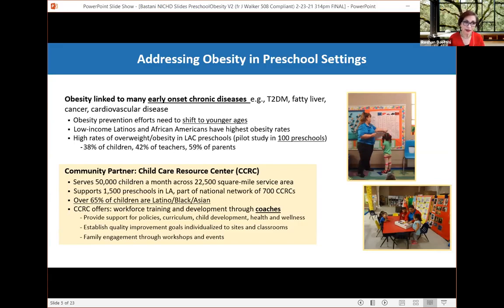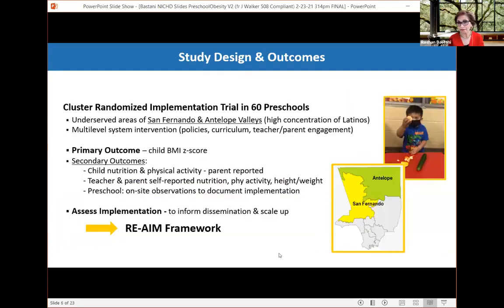And so our study utilizes this existing resource and infrastructure and utilizes their coaching model to deliver our intervention. So the study is a cluster randomized implementation trial in 60 preschools located in the northern part of LA County, as shown here.